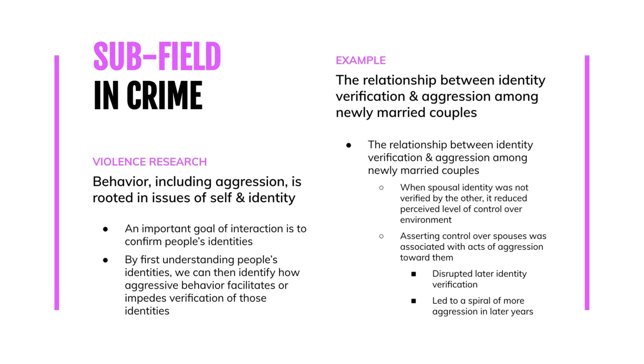So, using aggression to regain control actually disrupted later identity verification, because aggression in one year significantly reduced verification of spousal identity in the following year, which led to a spiral of more aggression in subsequent years.